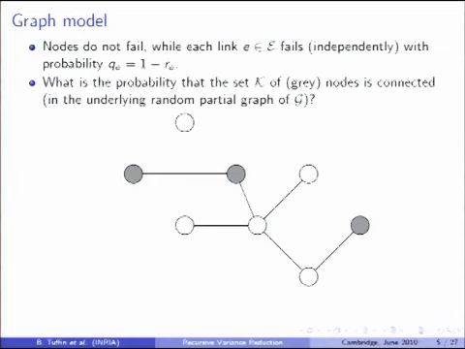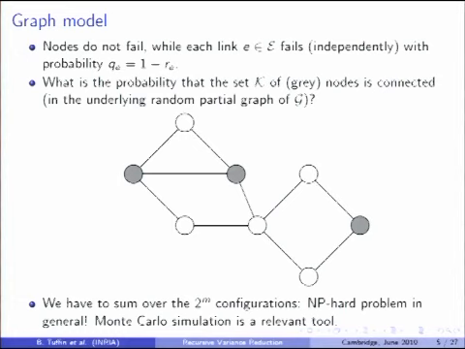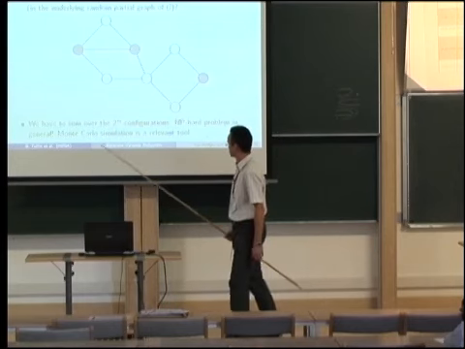So you generate independent graphs like this, and you want to compute the expectation, which is the probability that the nodes are connected. Overall, you have a set of 2 to the m configurations, given that you have m links. Computing this is an NP-hard problem in general, so that's why we are using Monte Carlo simulation.